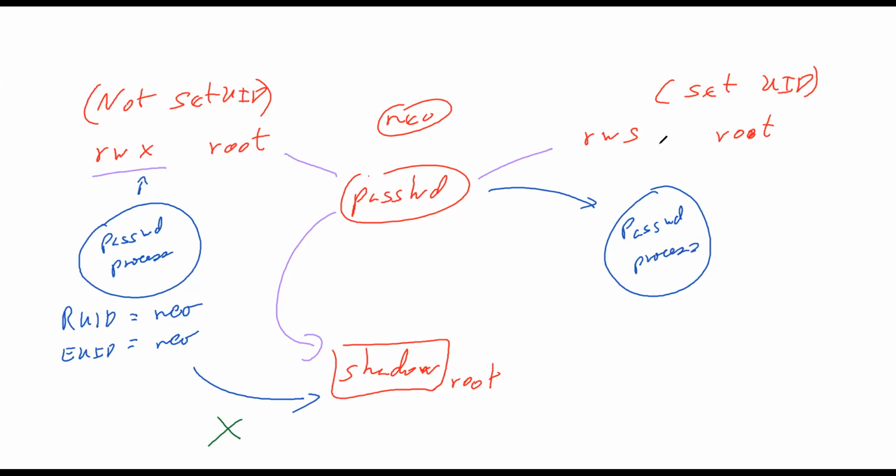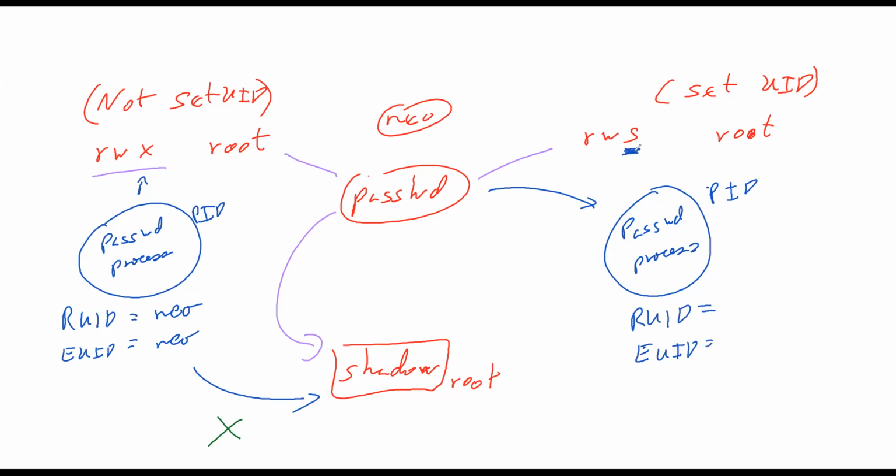But this time, the passwd file itself will spawn the process in memory, which will have an ID, like the actual PID. You will spawn a process, but what's important here is the real user ID and the effective user ID.